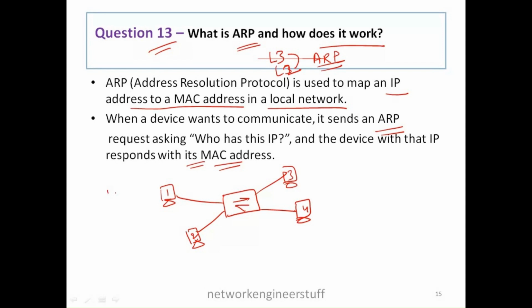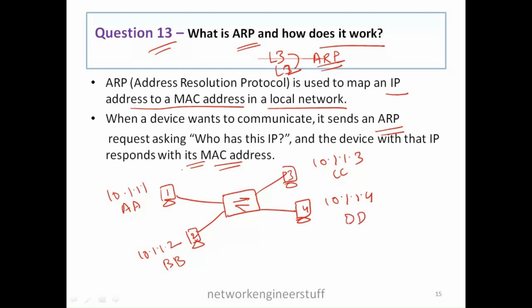This has the IP address 10.1.1.1, this has 10.1.1.2, this has 10.1.1.3, and this has 10.1.1.4. Let's say this has the MAC address AA, this has BB, this has CC, and this has DD.